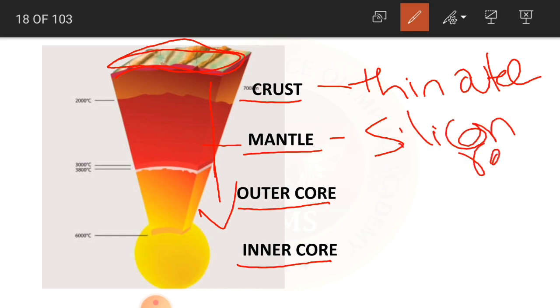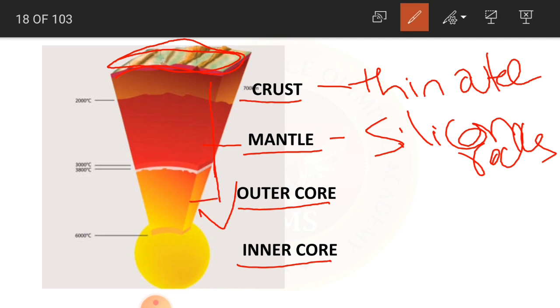We are going to study all these in detail in your higher classes, but to know how we get an earthquake, we have to know this information first. That is why I am explaining the layers of the earth.